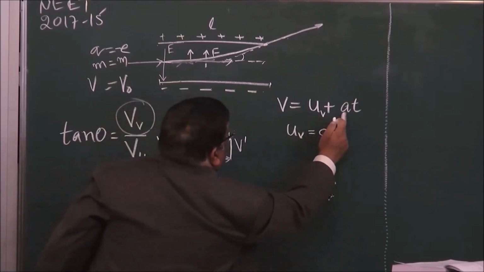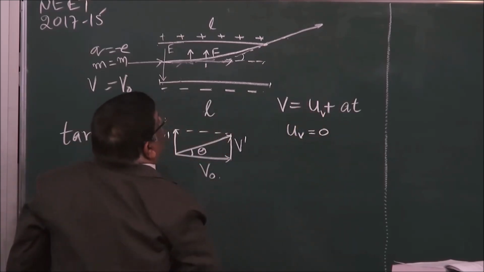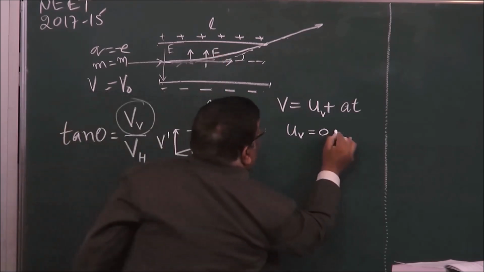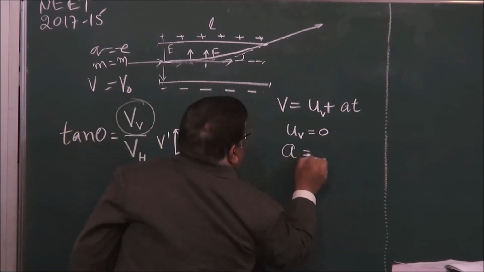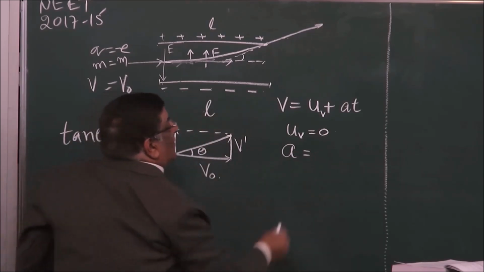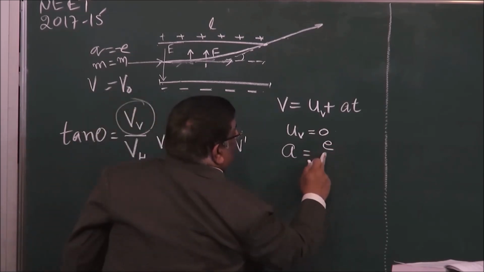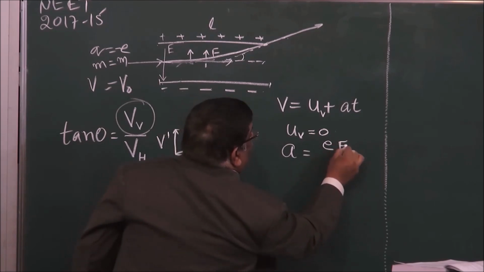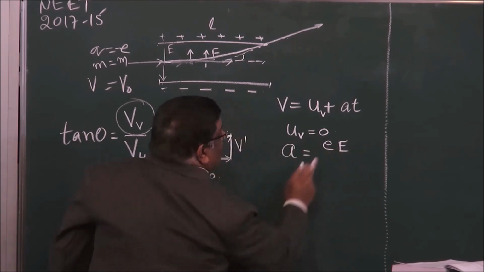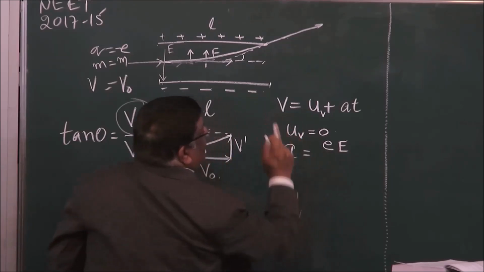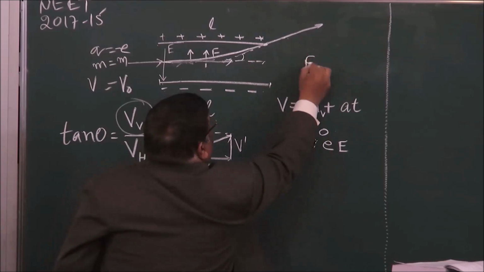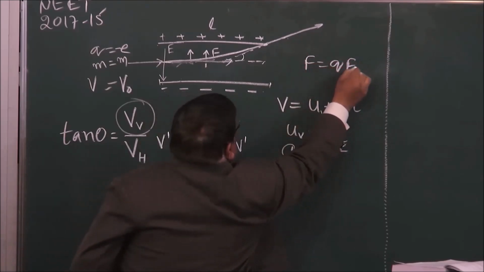Now, acceleration. Acceleration is force upon mass. What is the force on the electron? If an electron having charge e is kept in electric field E, then the force is e into E. We know that force is equal to q into electric field.